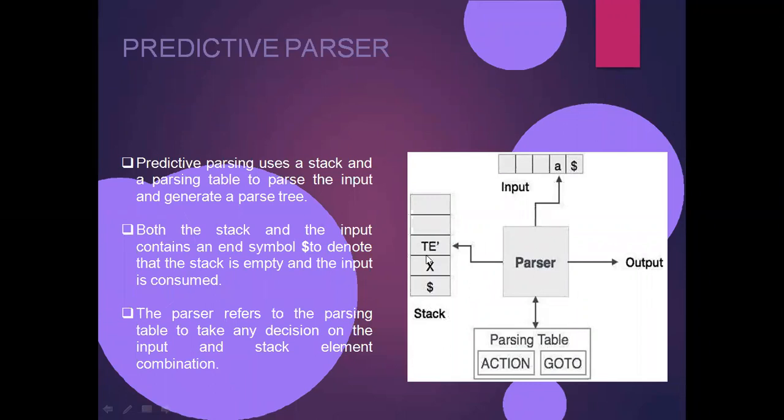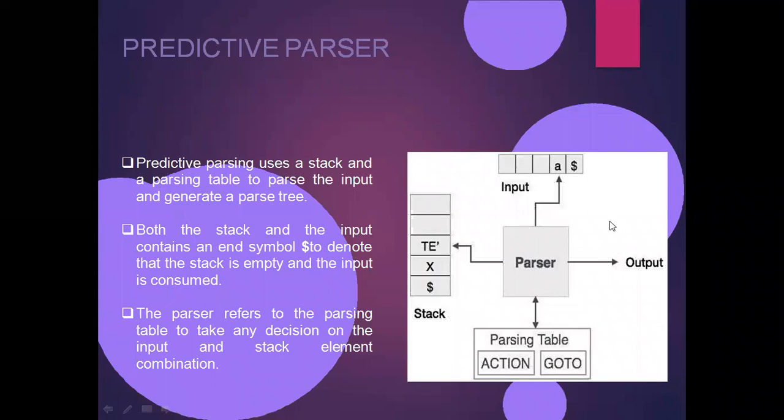These three are the data structures of the parser. It may be an LL(1) parser. Here we are talking about top-down parsing, so it is an LL(1) parser. This is the block structure of predictive parsing. Here we have three points. Predictive parsing uses a stack and a parsing table to parse the input and generate a parse tree. Both the stack and input contain the end symbol $ to denote that the stack is empty and the input is consumed. We already saw this with an example. The parser refers to the parsing table to take any decision on the input and stack element combination.